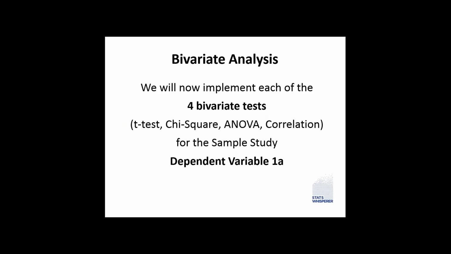So now we'll implement these 4 bivariate tests to look at the first part of our study, examining dependent variable 1A, class attendance, 0 to 7 days. What explains it? What predicts it? How do we know?